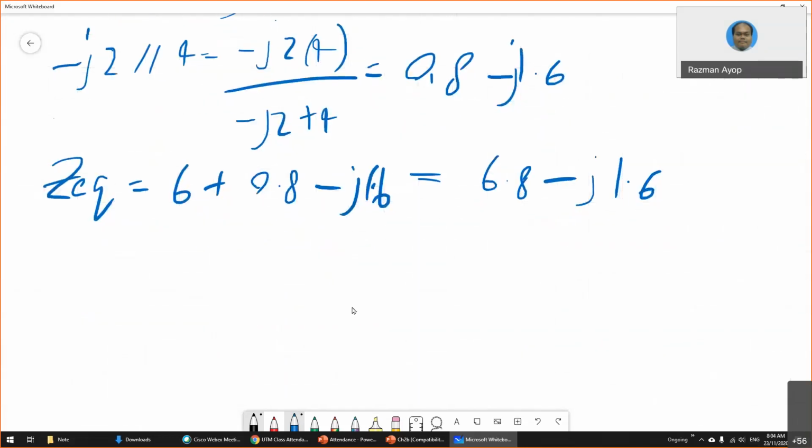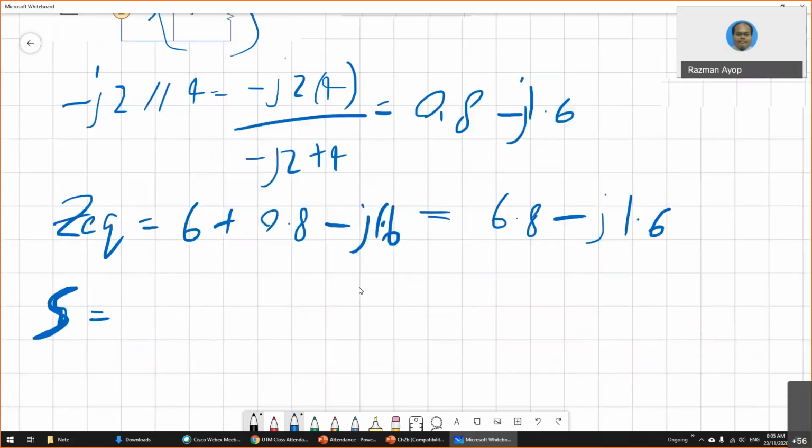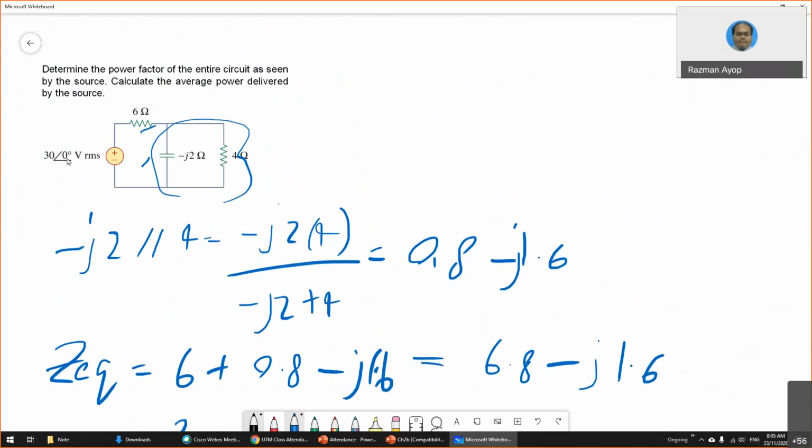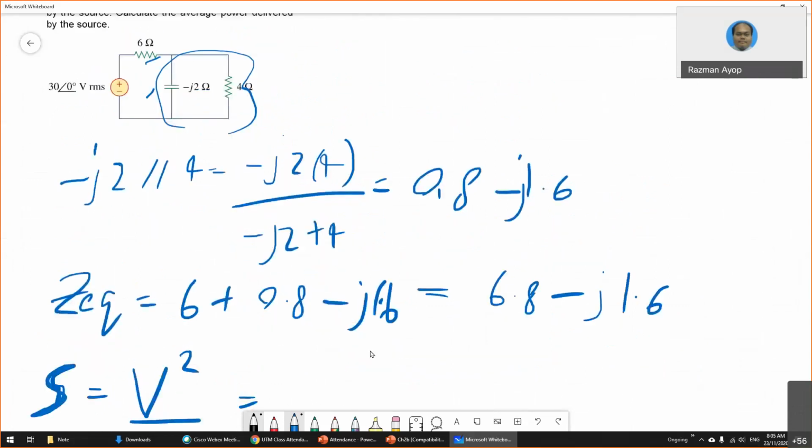Then after that, you can use the complex power. Complex power is actually much easier compared to other formulas. Make sure you bold it to show that it is a complex power. You have Z equivalent and voltage, so you use the correct formula, which is V squared divided by ZEQ. Don't forget the conjugate. For V squared, you don't need to include the degree. Make sure you remember that.